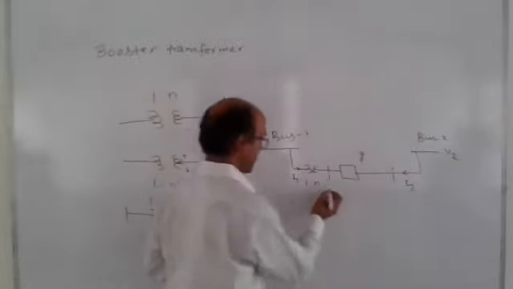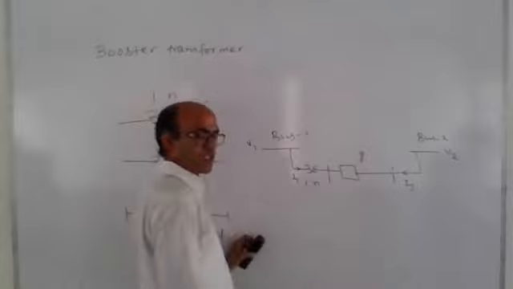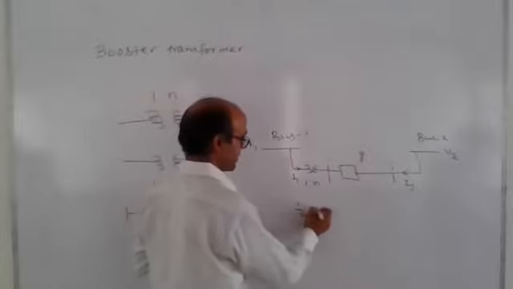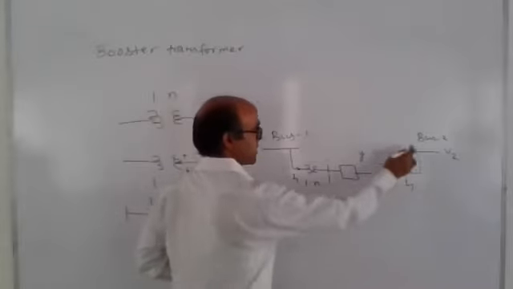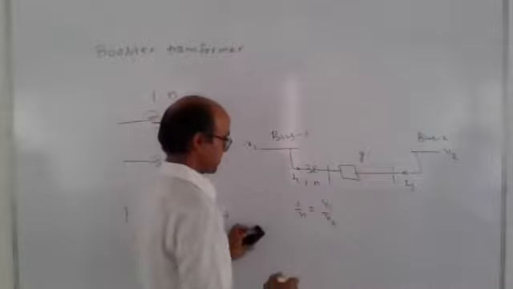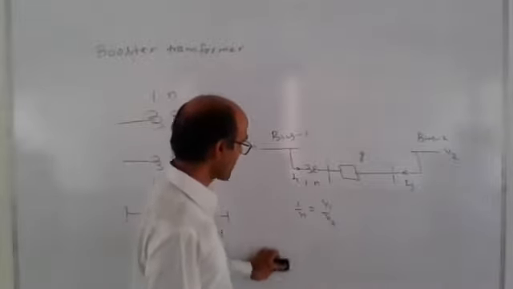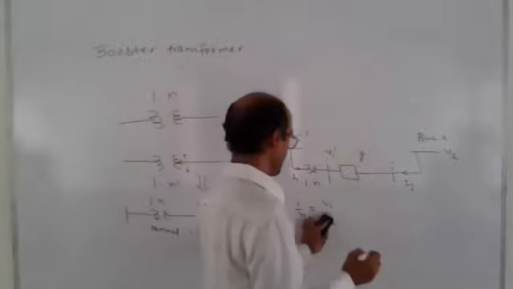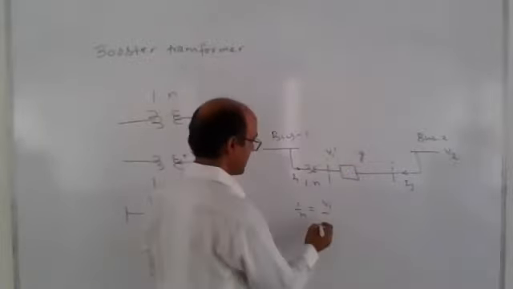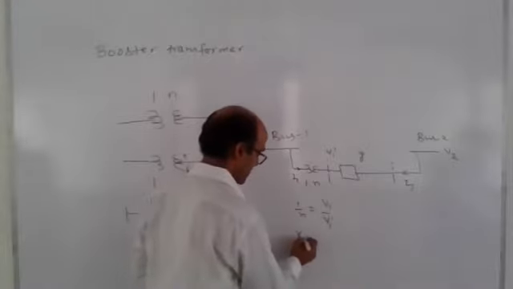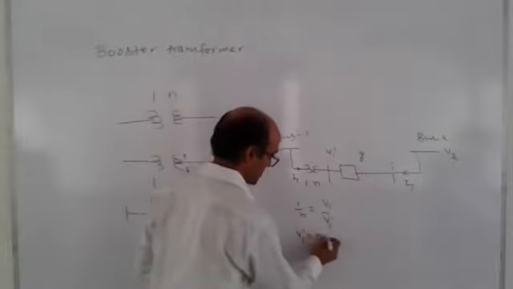Okay. Now what is the voltage of this terminal? You know the turn ratio is 1:n, V1 and the voltage of this terminal is V2. So let this be V1 dash. What is V1 dash? N times V1.